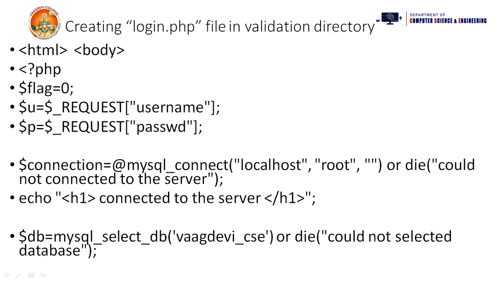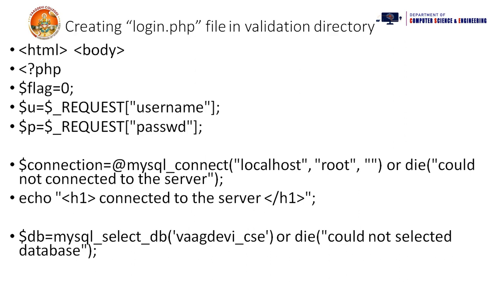Here I didn't give any password because while installing and configuring the database I didn't give any password, so I have used it as empty. If the server doesn't exist, we could not get connected to the server. If everything is fine, then we will get connected to the server.